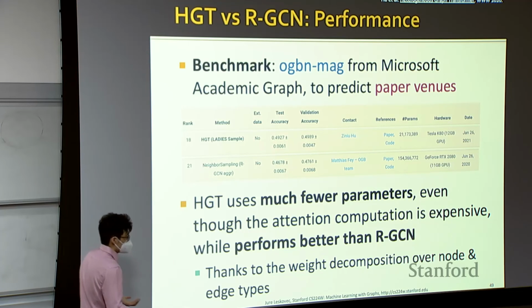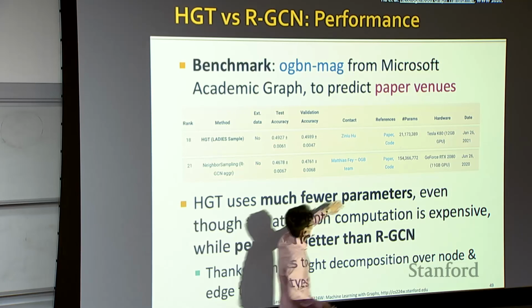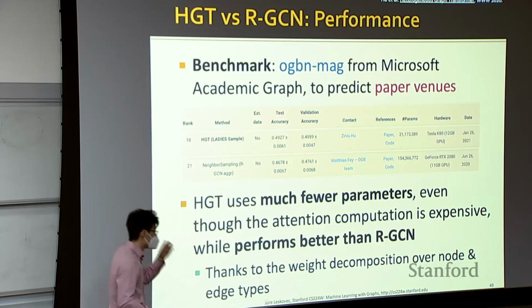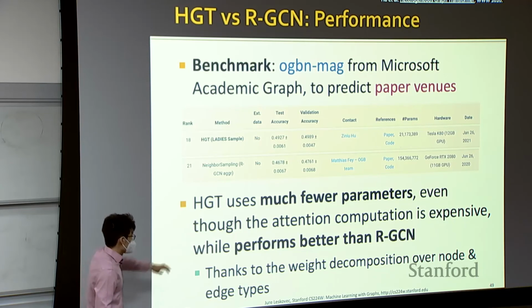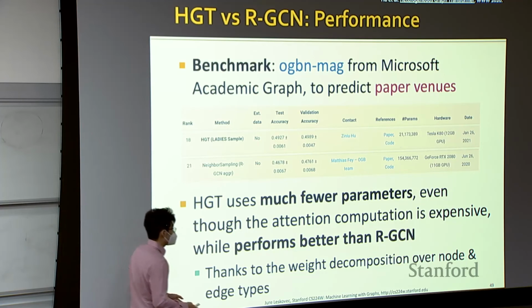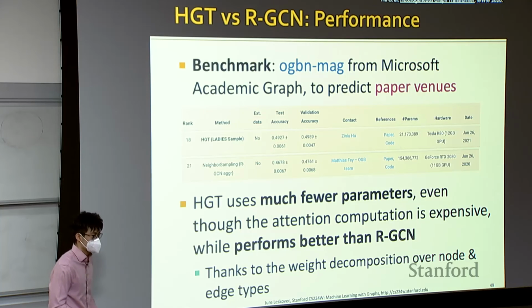So it saves a lot of parameters compared to RGCN, almost reduced by an order of magnitude. And in the meantime, it performs better than RGCN. So this is an illustration of why HGT may be more desirable in real-world applications.